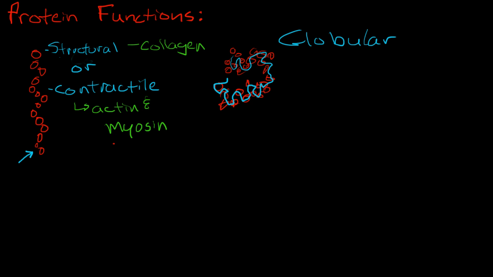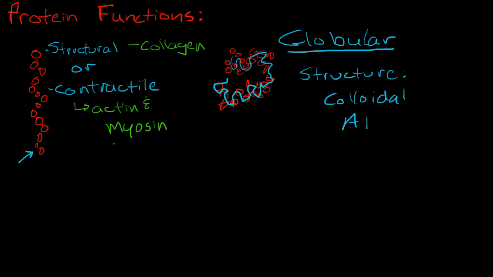Now, globular proteins, there is one type of globular protein that is structural, and that is colloidal proteins. Now, colloidal protein is a protein like albumin that provides the structure of the plasma.